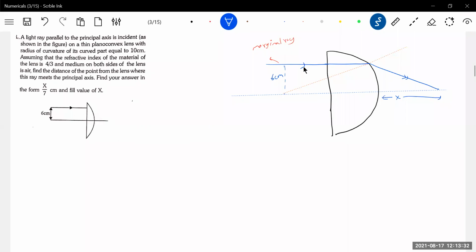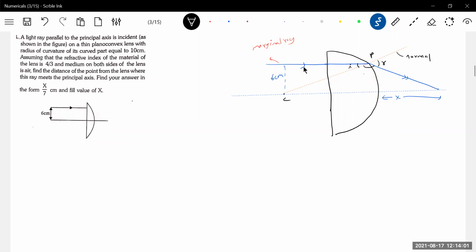This will be the angle of refraction. This is the angle of incidence, theta, or i. This angle of refraction is r, because this will be the normal. This is P, you write it. This may not be needed. So what can be this angle?